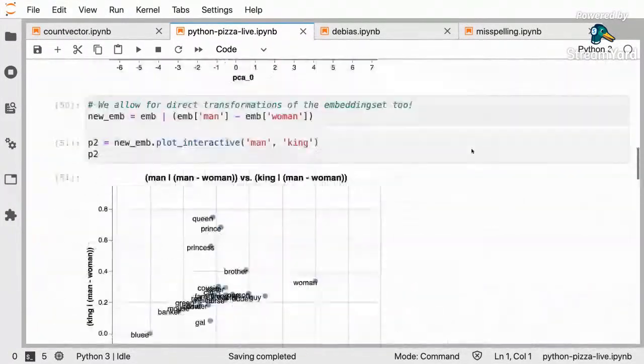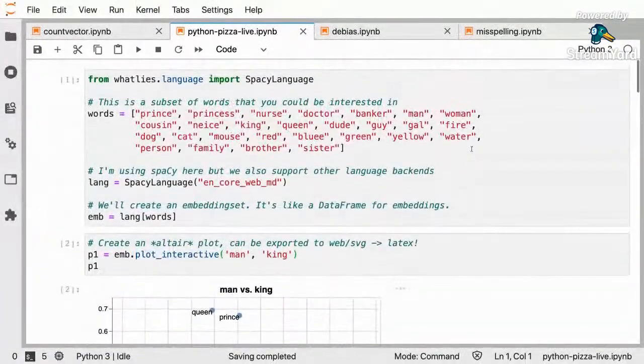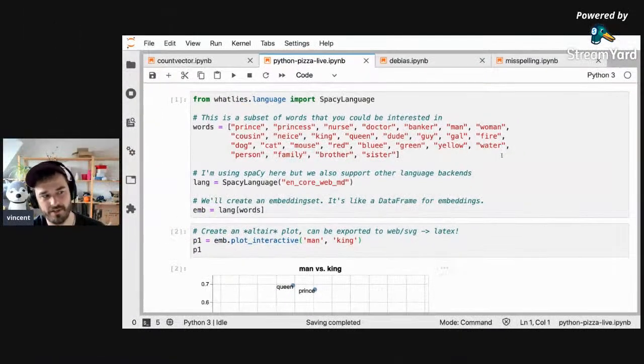The main goal that I have for this package for now is that we make it easy for you to explore word embeddings. In the next phase, I'll be building tools to visualize and quantify how much bias there is in word embeddings, especially things like gender bias and race bias. These are things I would like to be able to quantify so that I can judge whether, for the use case I'm interested in, the word embedding is appropriate.